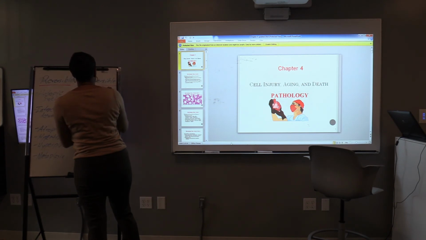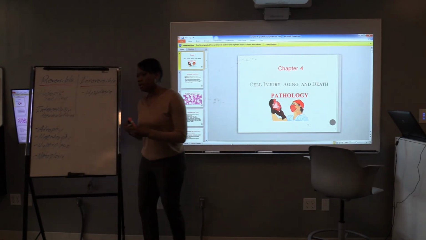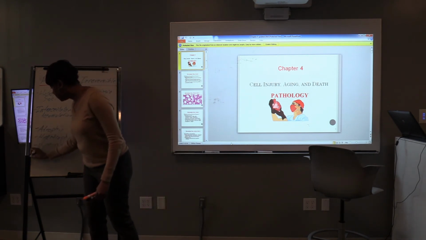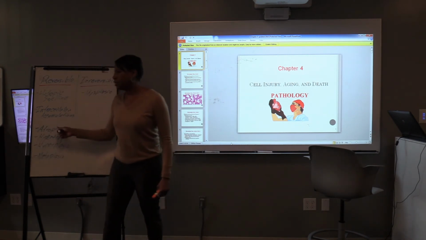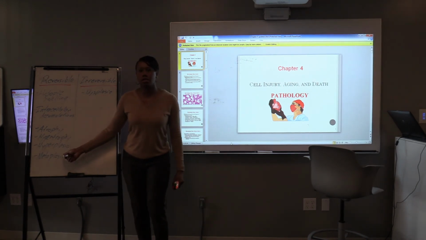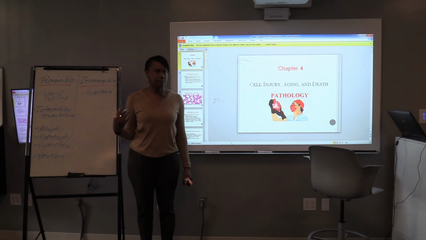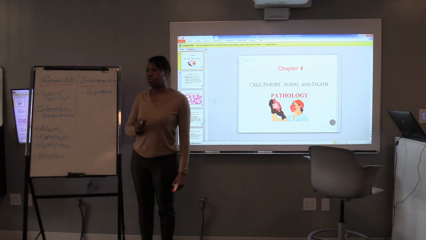And I'll explain right now. So when we have these items here, these are cellular adaptations that are considered reversible, because if you remove the stimulus, it can reverse back to normal.